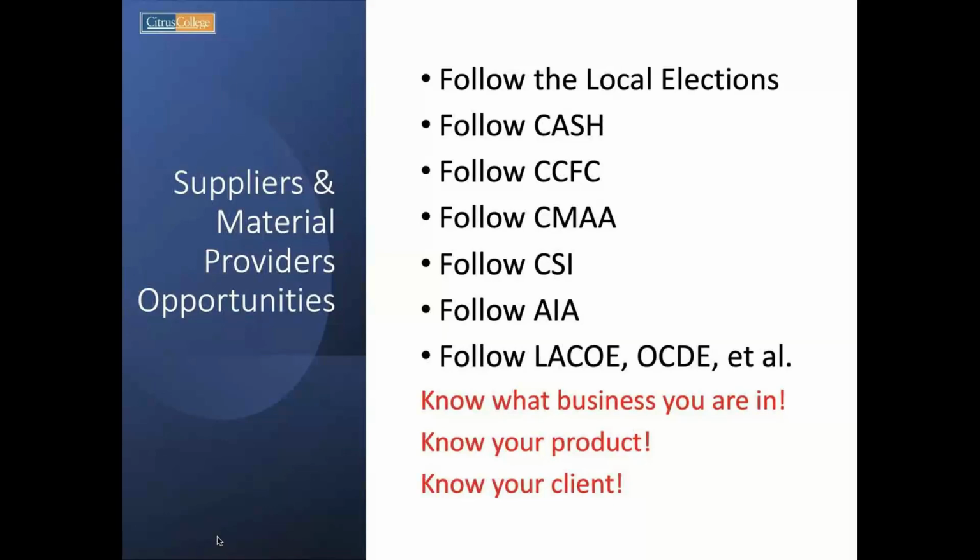You know that all of those bond issuances are going to have viable projects coming up in the future. That tells you which district to contact and where the money's going to be. Another good thing to follow would be CASH, which is California's Coalition for Adequate School Housing. They're the number one developer of information for all of the K-12 districts.